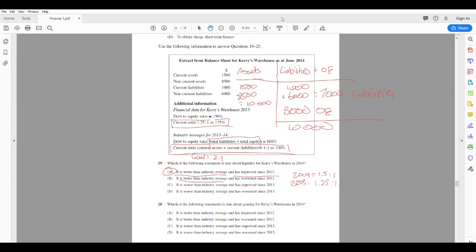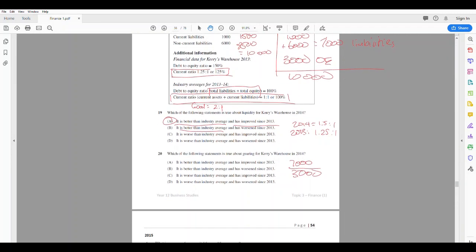So we know liabilities 7,000 over owner's equity 3,000. Okay, so that gives us an answer of 2.33 to 1.